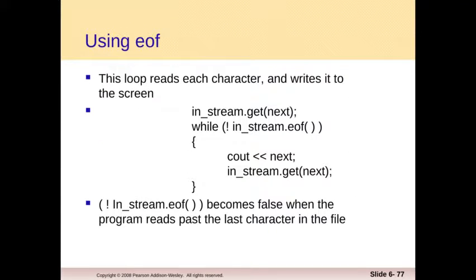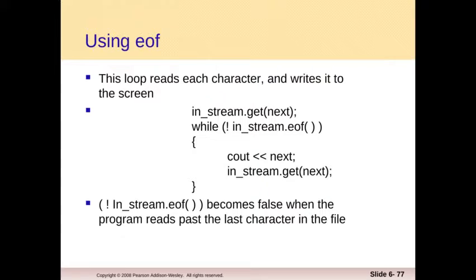In this loop, we read each character and we write it to the stream. So, an attempt to get the next character: if that didn't trigger the EOF to come on, so if that character was actually in there, if there was at least one character, then we go into the loop body, we insert the character read into cout, and we try to get the next one, which takes us back up to the condition.